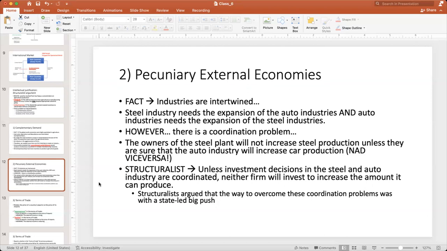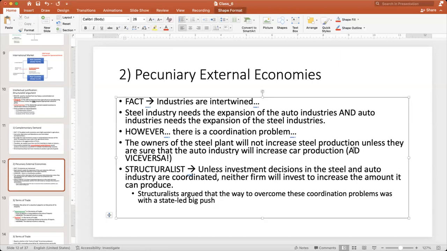The steel industry needs the expansion of the auto industry, and the auto industry needs the expansion of the steel industry. However, there is a coordination problem. Why? Because the owners of the steel plants will not increase steel production unless they are sure that the car industry will increase car production in the same way, and vice versa.